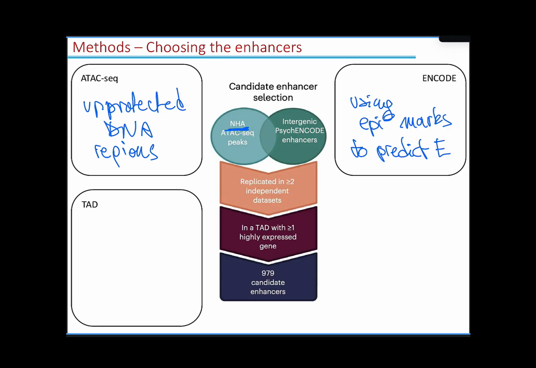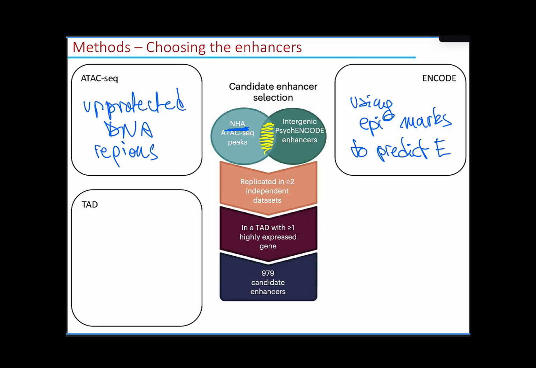These were not necessarily made on astrocytes, they were made on entire nervous systems, but the idea is that PsychENCODE would have identified hypothetical enhancers in nervous systems, which of course would include astrocytes. And what they did is look at the overlap between the two.